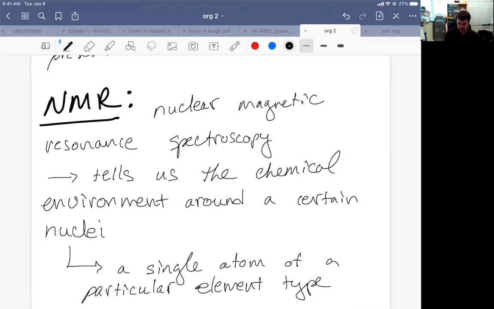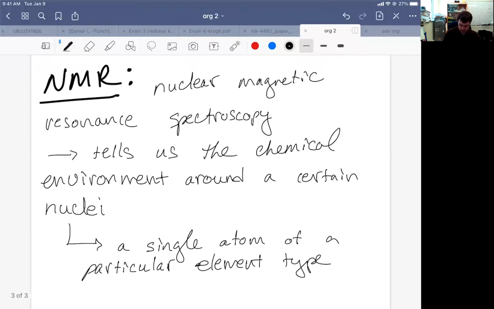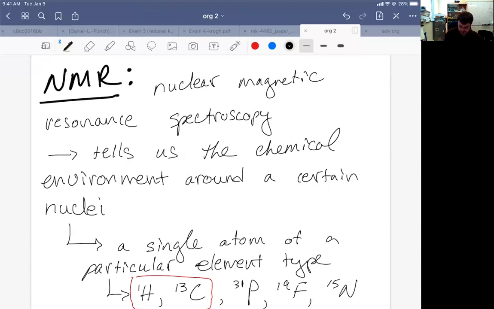What this is saying is that this is going to look at a single, for example, 1H atom or 13C atom, and these will be the focus, primarily the 1H atom, of this module. Or we could do 31P or 19F, or I believe it's 15N. I'd have to check on that.